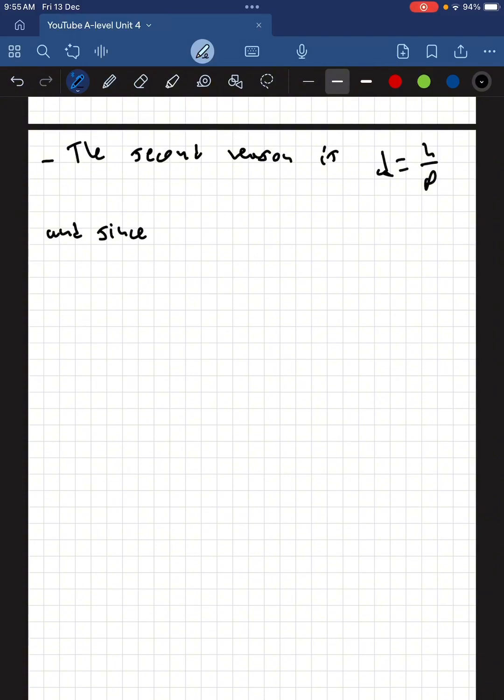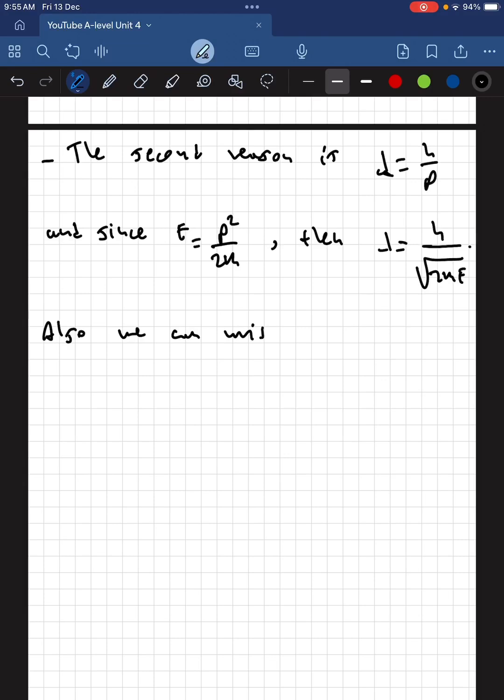And since energy is p squared over 2m, then lambda is h over the square root of 2 times the mass of the particle times its energy. Also, we can write energy as equal to h squared over 2 times the mass times the wavelength squared. Okay, so every particle has an associated wavelength.